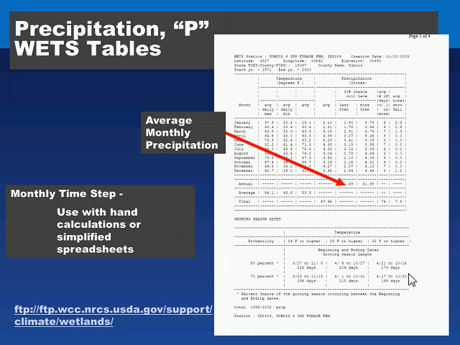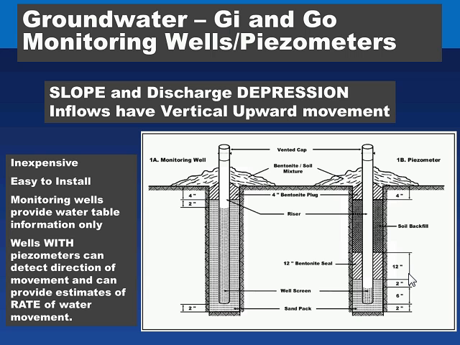WETS is not an acronym for anything, it's just the WETS table. It will give you your average monthly rainfall as well as 30% chance wet and dry departures from average, as well as the wetland growing season. So this is the best direct source for monthly precipitation in a monthly water budgeting technique.